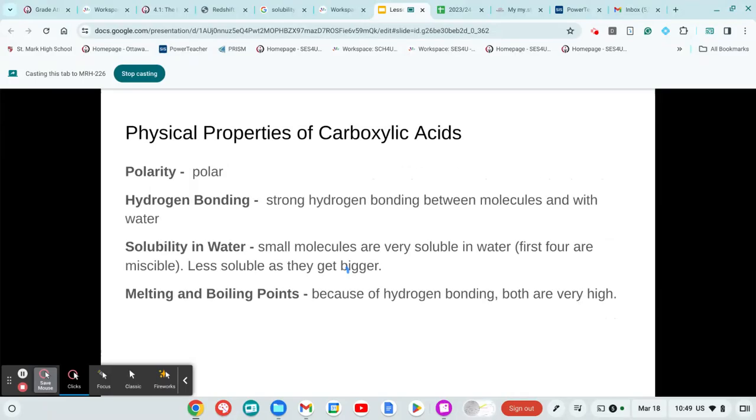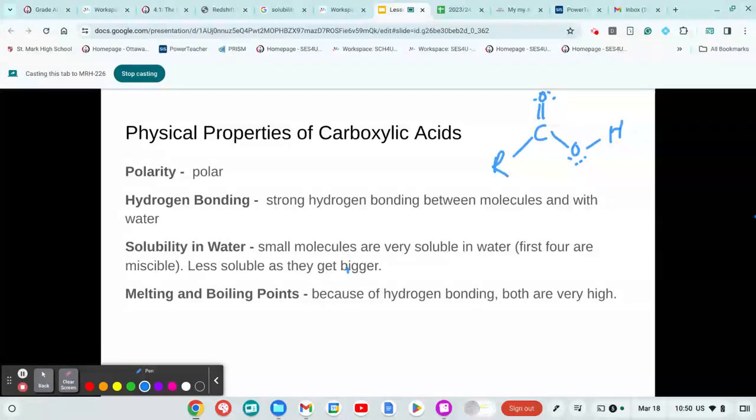Then when we get into the carboxylic acids, remember this functional group. Is this going to be polar?